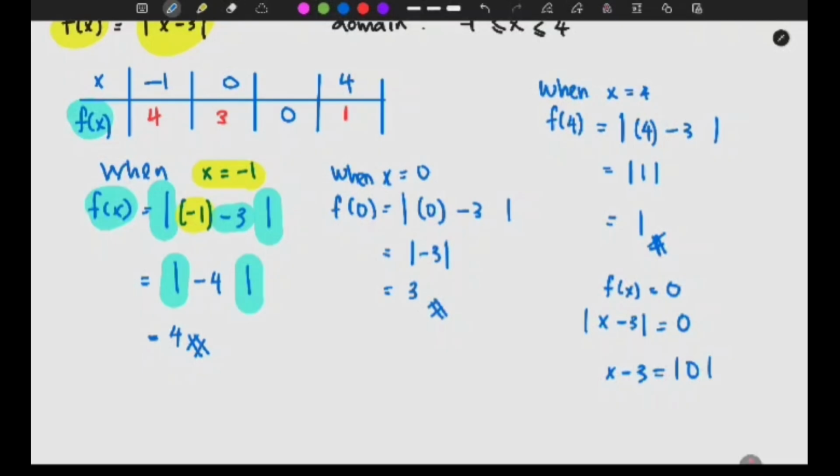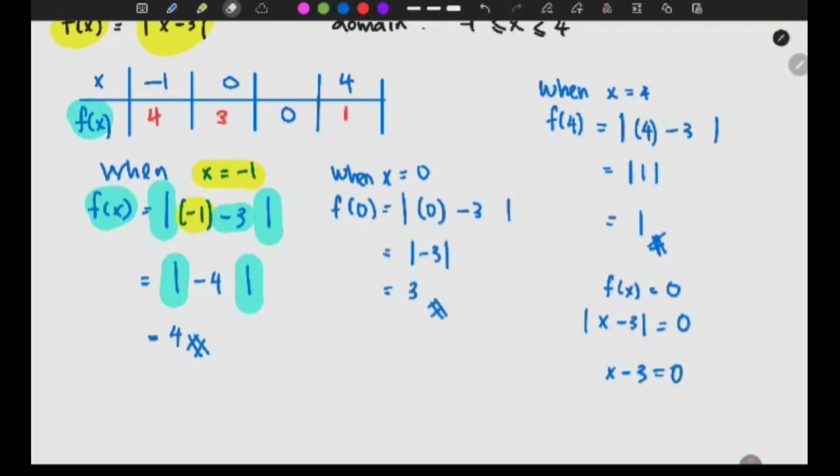So what you're going to do, you have to change it into plus minus. So I know you have to move to another part, but not moving the modulus.